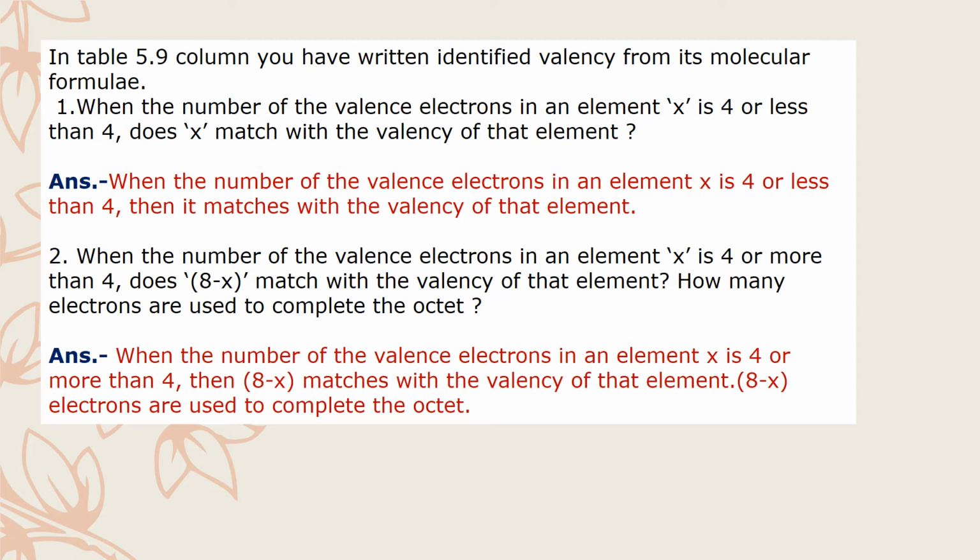How many electrons are used to complete the octet? So when the number of valence electrons in an element X is 4 or more than 4, then 8 minus X matches with the valency of that element. So 8 minus X electrons are used to complete the octet.